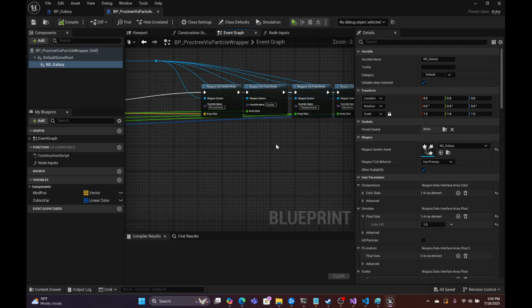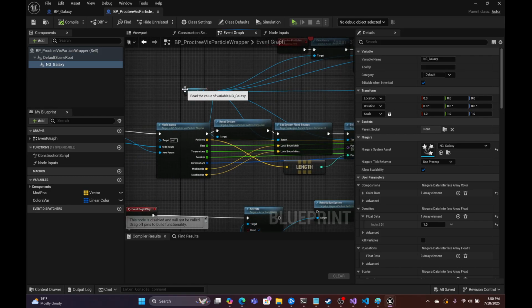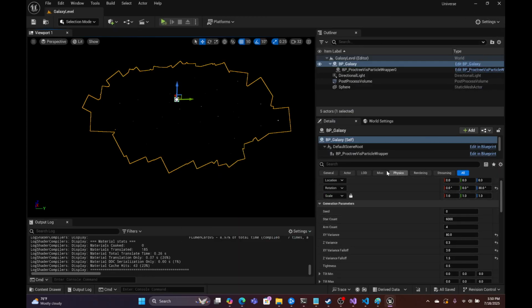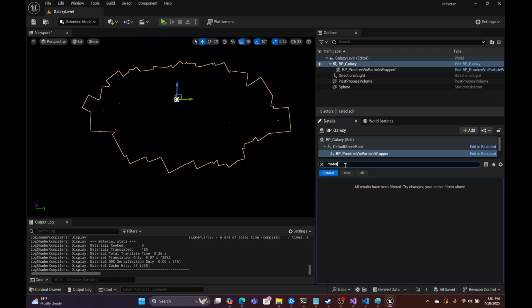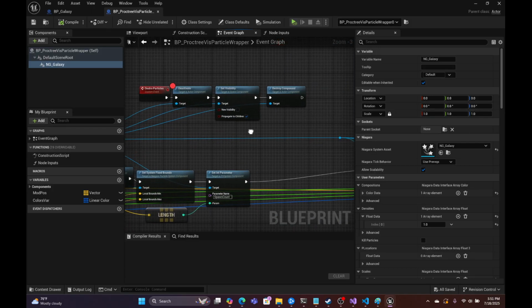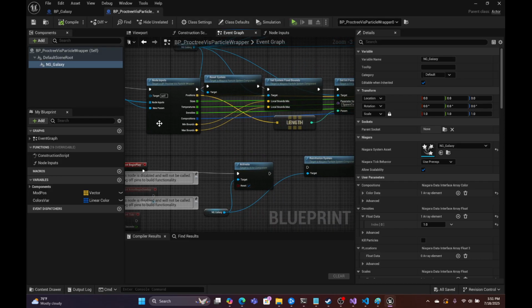Where is my material getting set? Somewhere I'm setting a material on this, and I need to find the material. It's not construction script.